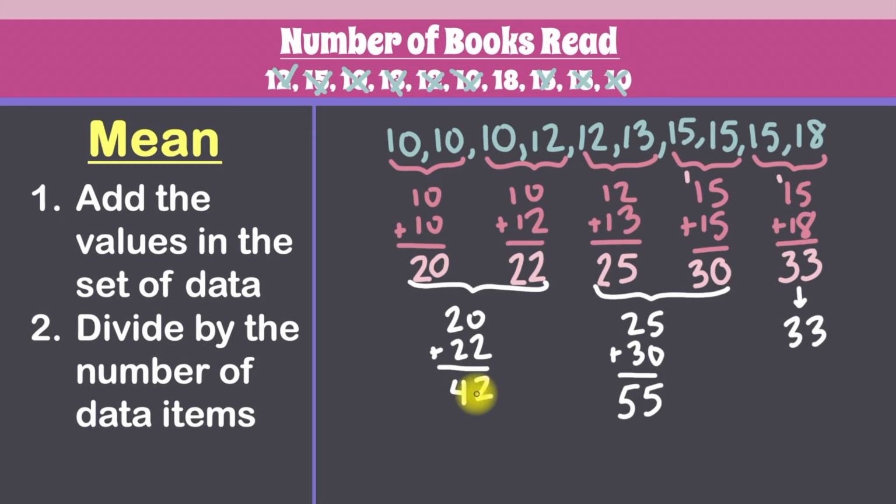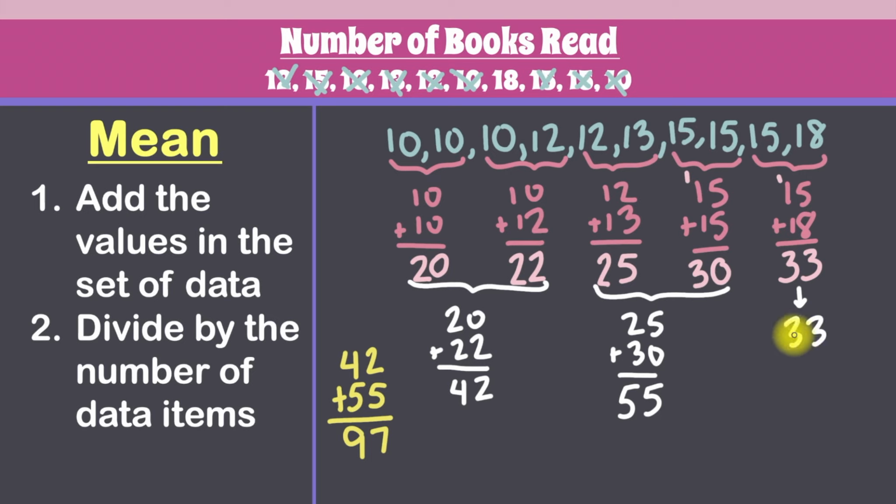So now we've got to add 42 and 55. I'll do that over here since we're running out of space. 42 plus 55. 5 plus 2 is 7. And 4 plus 5 is 9. So now we've got 97, but we still haven't added that to 33.